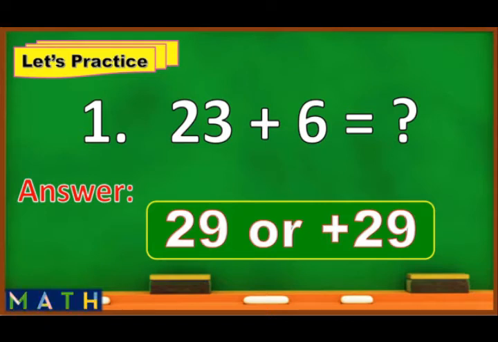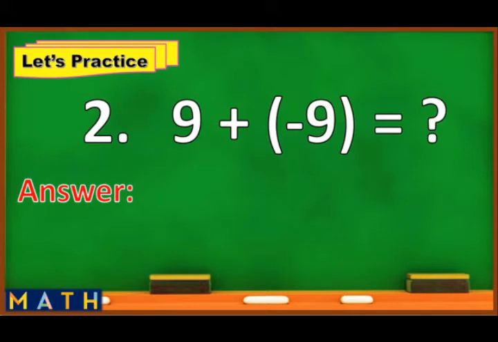Remember that rule number 1 states that when adding integers with like or the same sign, you are going to add the real numbers and use or affix the common sign in the sum. Hence, the answer of 23 plus 6 is positive 29.